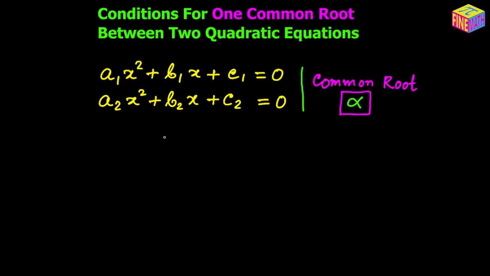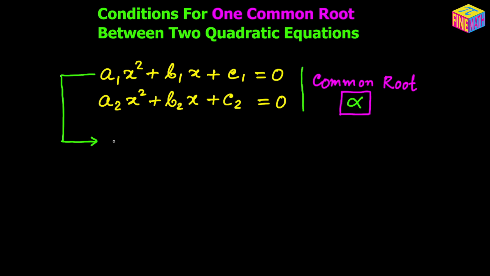So we have been given these two quadratic equations and we have been told that they have a common root, and let's suppose that common root is alpha. If they have a common root alpha, then obviously alpha should satisfy the equation.